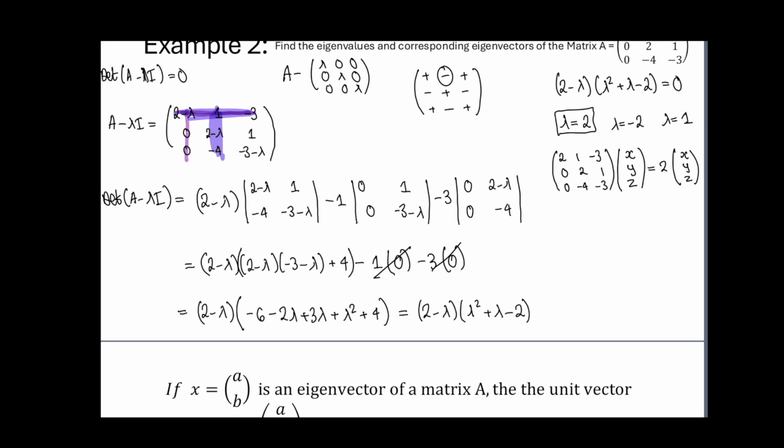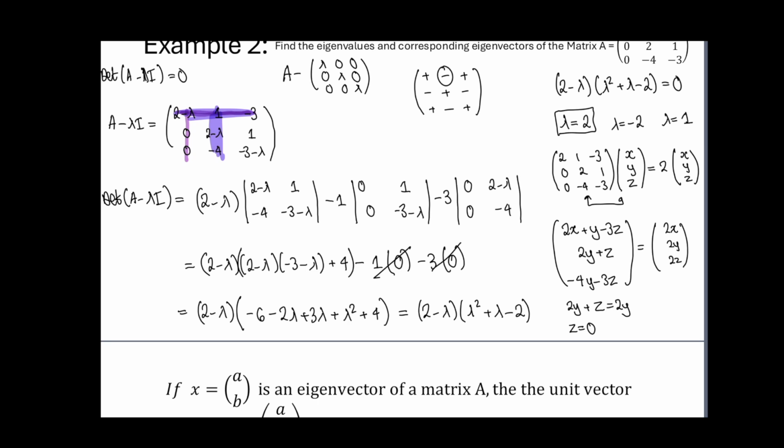If I now multiply these, we get 2x plus y minus 3z, 2y plus z, and then minus 4y minus 3z is equal to 2x, 2y, 2z. If I now equate the middle terms, we get 2y plus z is equal to 2y. Therefore, z is equal to 0.